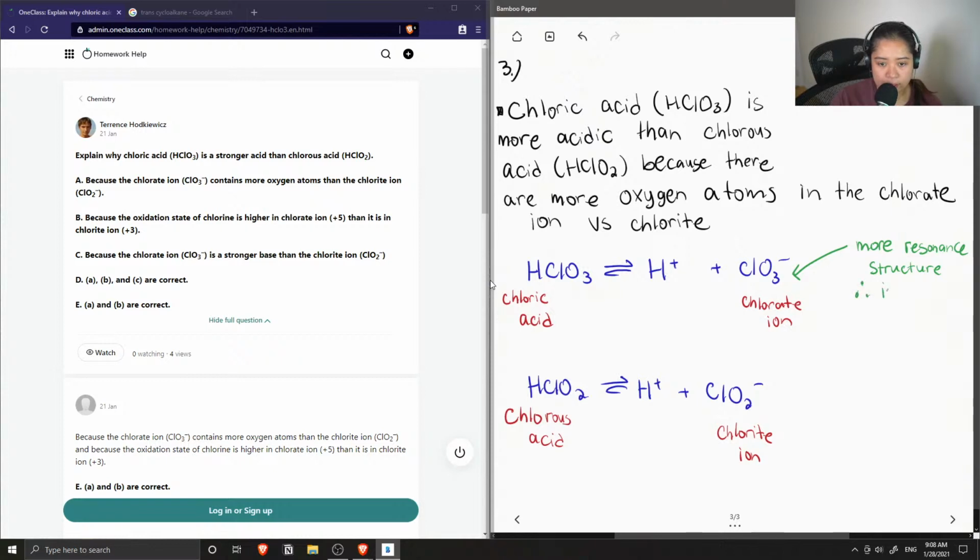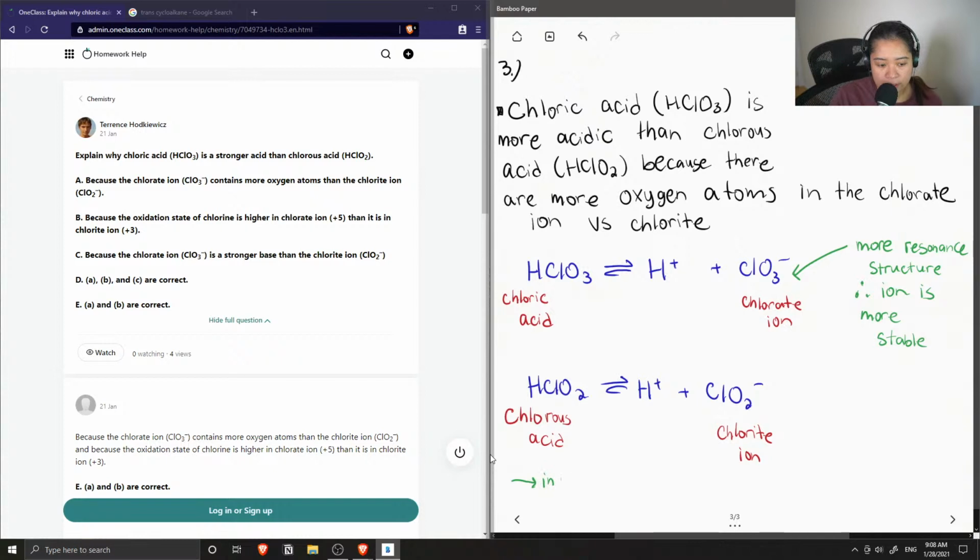So therefore, this ion is more stable, and when we have a more stable conjugate base, then that makes our acid more acidic. So that means that our chloric acid is more willing to donate one of its protons, well, its only proton, because the chlorate ion is more stable compared to the chlorite.